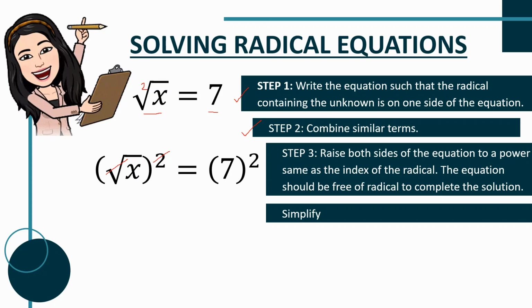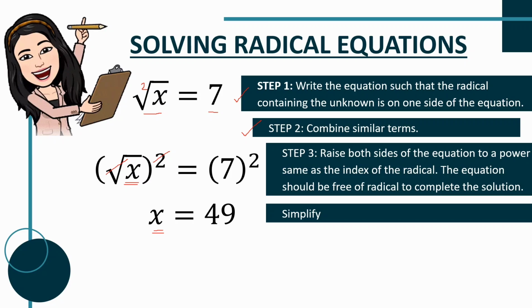Ano ang natira? Yes po, kung ano yung radicand natin, siya na lamang yung matitira. Kasi na-simplify na natin siya by raising the power of the root. So here, x na lang yung ating root. Okay? Or na-extract na natin yung root ng x.